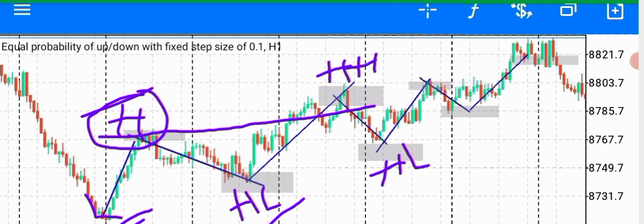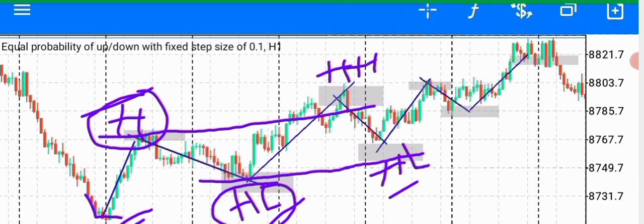For this higher low to be valid, it must be above the previous higher low. Although this is a low, it is higher than this one. If we put a line from this bottom to this place, you will identify that this one is actually higher.